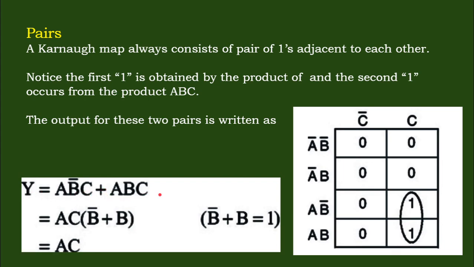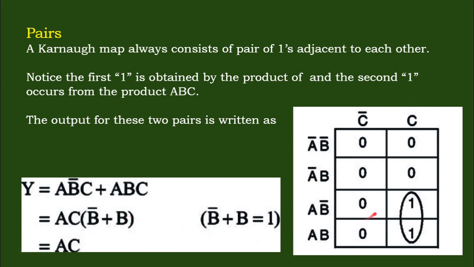Now what we have to do is take the common term which is AC available in both these terms, and write the remaining terms B bar plus B. By the rule, B bar plus B is equal to 1, and so AC into 1 is equal to AC. So this is one way to find out the expression for the pair.